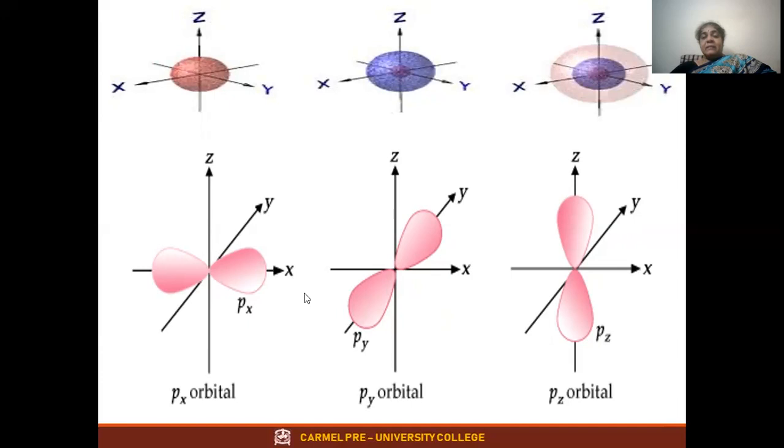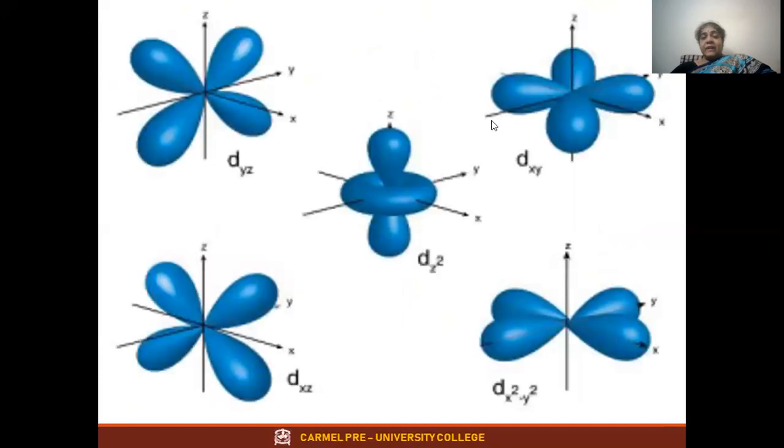Now let us see about d orbital. There are 5 d orbitals, if you can see. What do you call them? dxy, dyz, dxz, dx square y square, and dz square. Totally 5. Now, students, d orbital is planar.